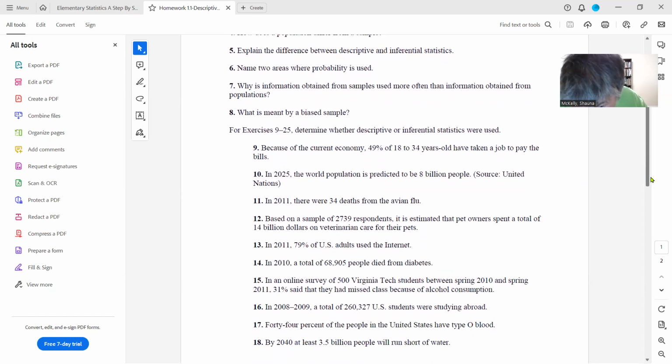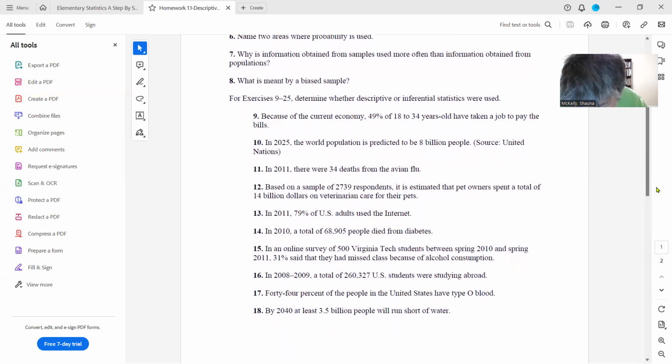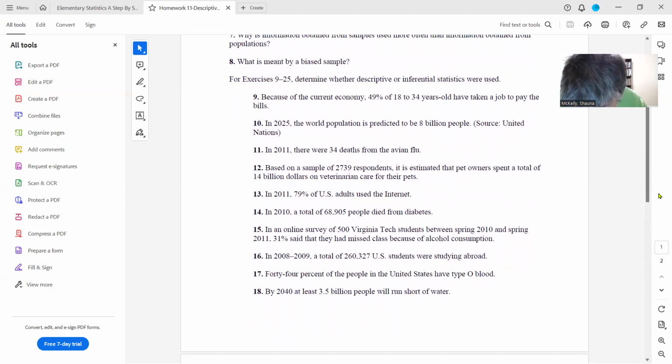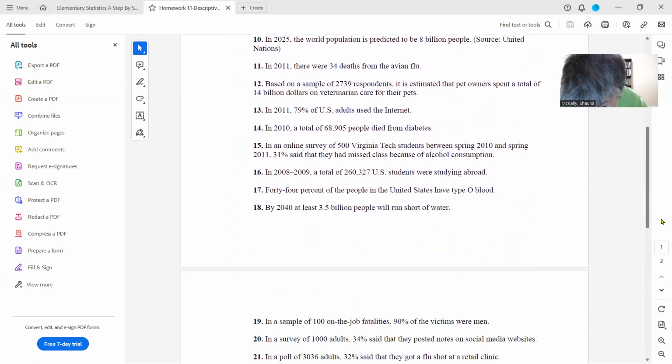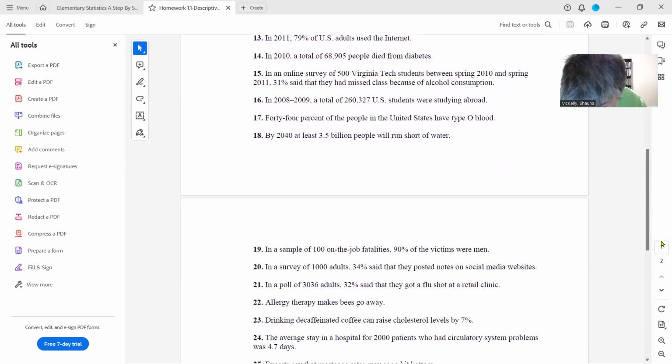Let me come down to, let's look at number 18. By 2040, at least 3.5 billion people will run short of water. Take a minute, think about what you think this is.